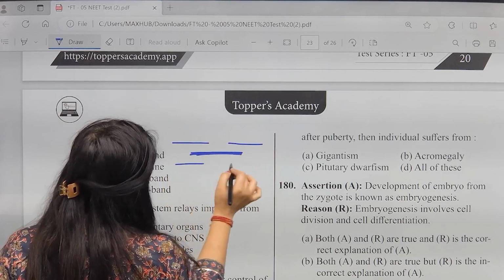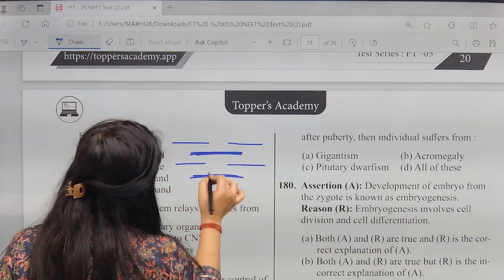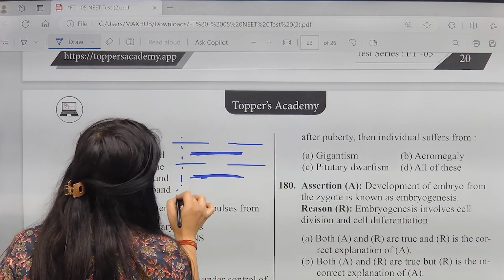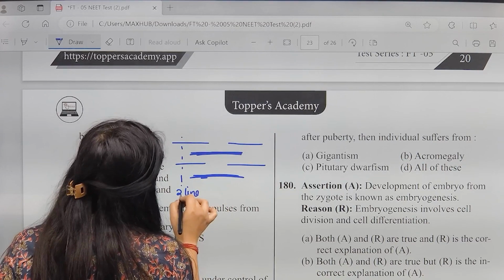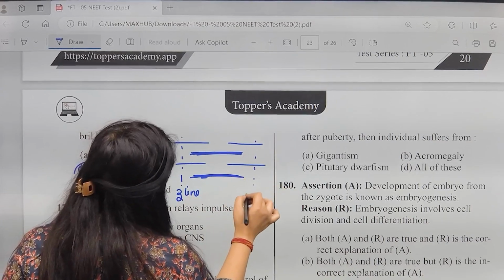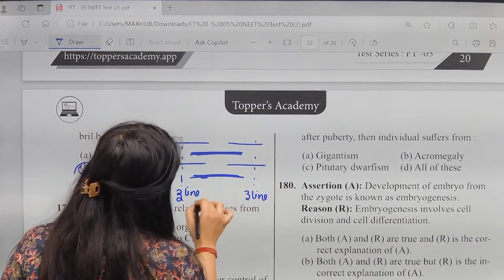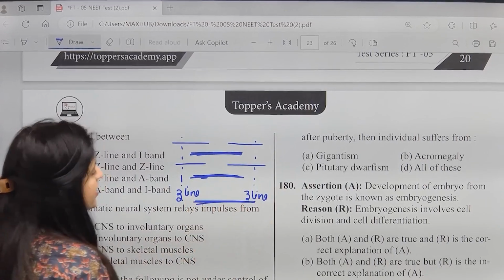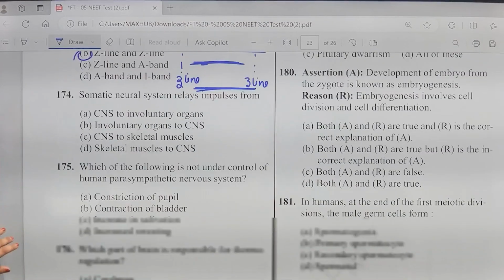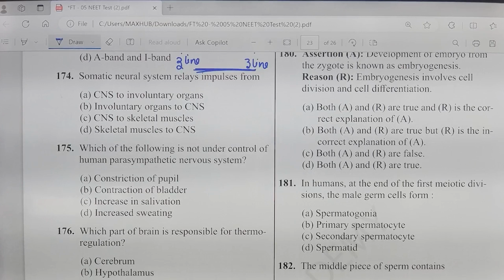This is your thin, and this is again thick. The proteinaceous lines which only bisect the thin filament are the Z lines. Similarly here. Okay. So the distance between two Z lines is also known as the sarcomere. The sarcomere is the structural and functional unit of skeletal muscles.